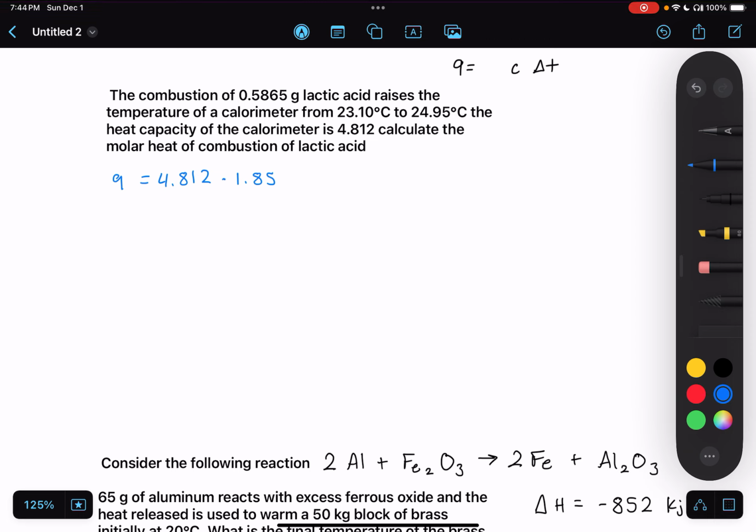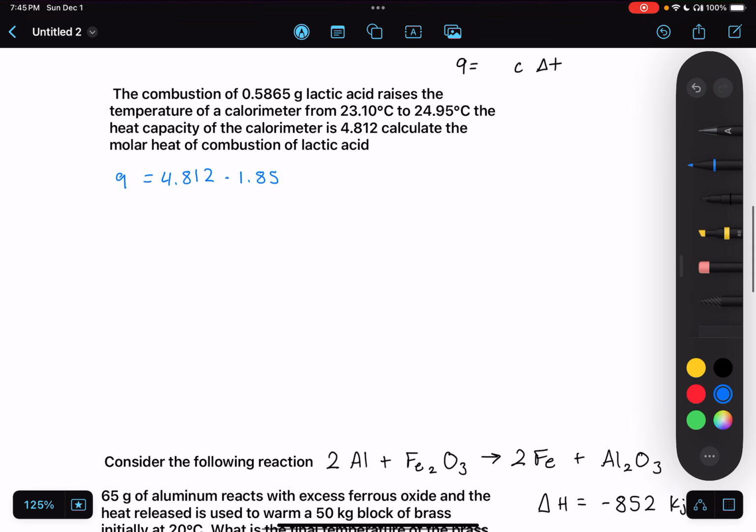There we go, 4.812, and we should get 8.9022. So this is basically the one we want to use if we've got the moles of something. If you've got the mass, then you use the mc delta T.